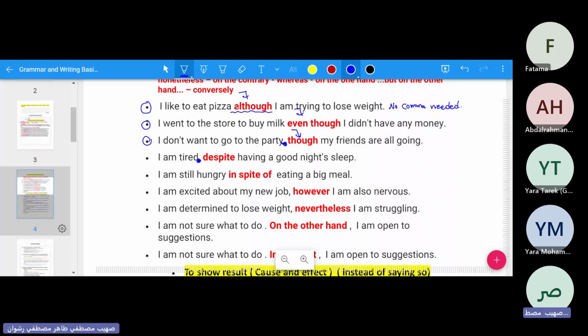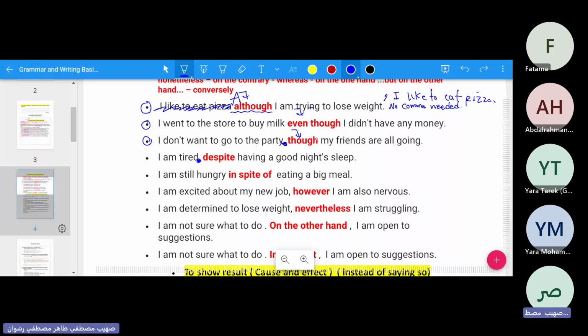I mean here, if I said, although I am trying to lose weight, what will happen? I like to eat pizza. Okay? If I put the clause starting with although I am trying to lose weight first, there must be a comma here in the middle.